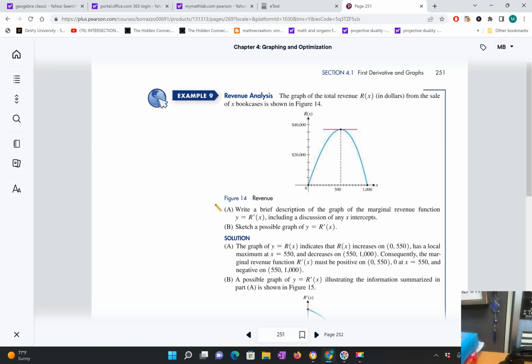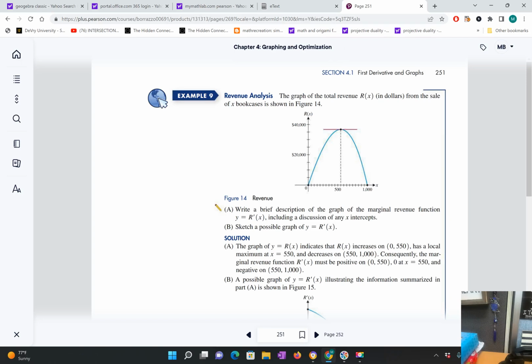In this case, they want us to write a brief description of the graph of the marginal revenue function, where Y is equal to the first derivative of revenue, including a discussion of the intercepts. And then in part B, they want you to sketch a graph.